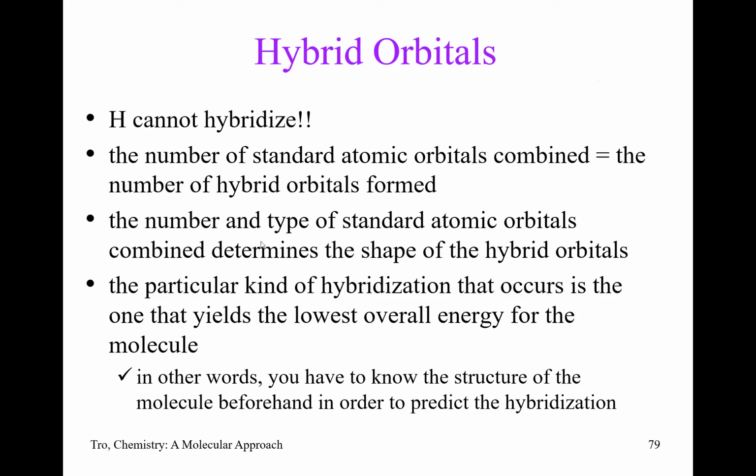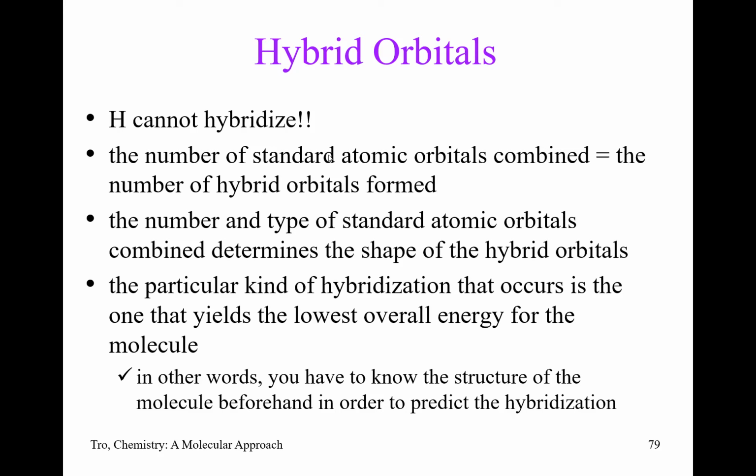All right, and with every theory, there's little exceptions. So hydrogen, for example, isn't going to be doing any hybridization because it only has one s orbital. It can't reach any p's, so that doesn't make any sense. So it's just s. The number of the standard atomic orbitals combined equals the number of hybrid orbitals.